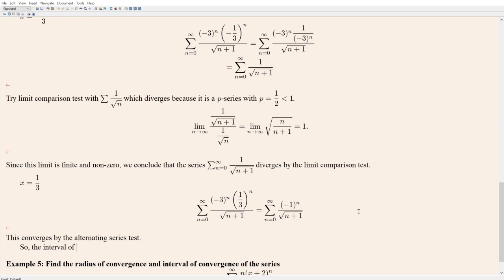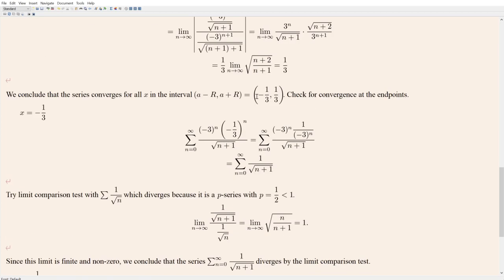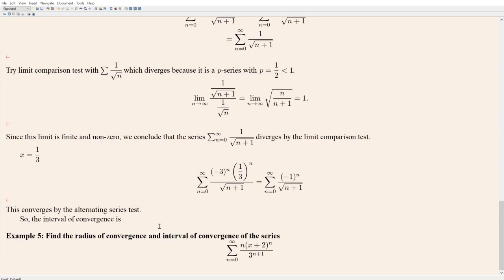So, the interval of convergence of the power series is, so it diverges at the left endpoint, but it converges at the right endpoint. So parentheses here, brackets here. Like so.